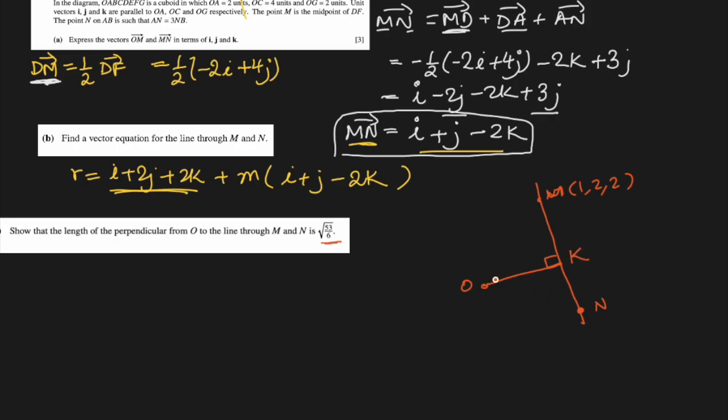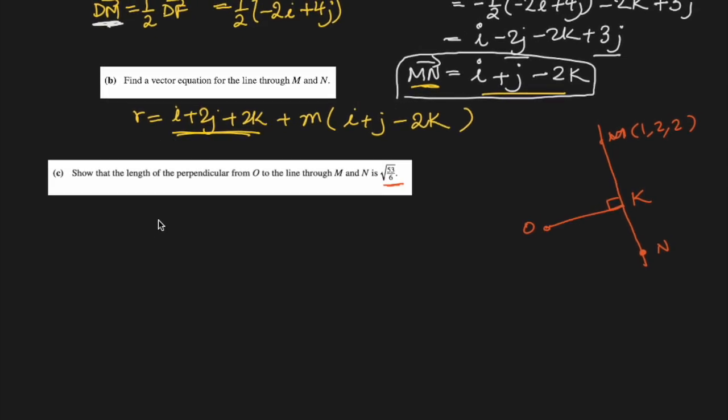Now because this line and this line are perpendicular, their dot product is going to be 0. Whenever two lines are perpendicular to each other, the dot product of their vectors is 0. We know the vector here, MN, so let me write it in column notation, it is easier: 1, 1, minus 2, dot this vector.